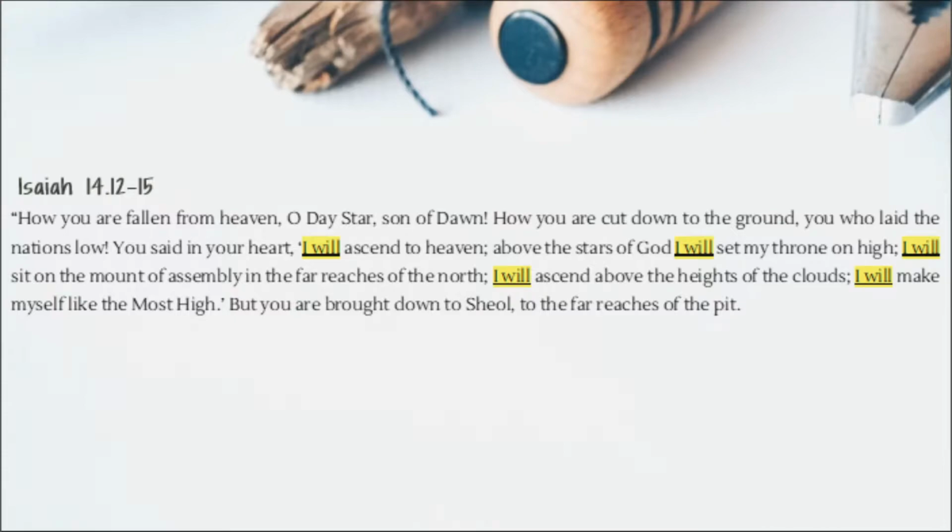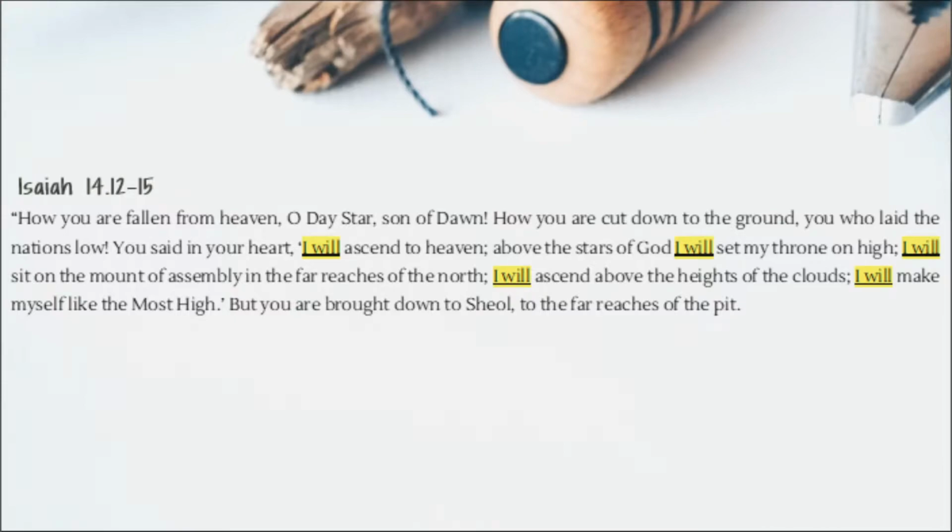But, contrast, right? The Lord's like, really, I'm going to cast you down to the farthest reaches of the lowest pit that I have. And you see this contrast of height, really low. So you can pull all that out of this as well.